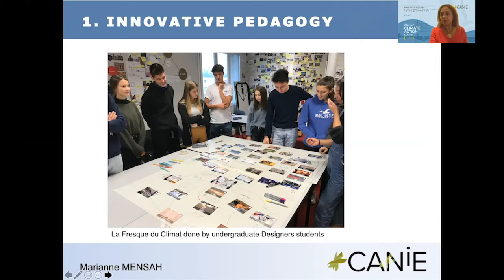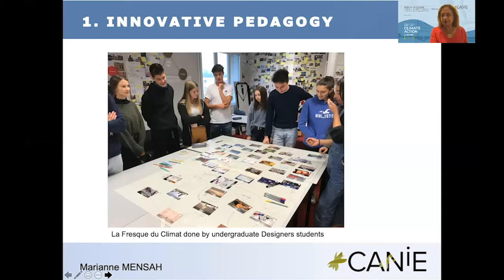And for this, I asked myself how to make climate science understood by students who are not scientists or who don't have this domain as their major. I looked at resources on websites such as UNCC Learn, and I also looked for innovative tools developed by organizations such as La Fresque du Climat, the Climate Collage in English.